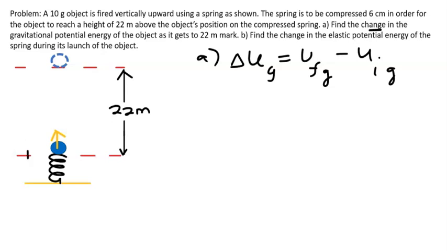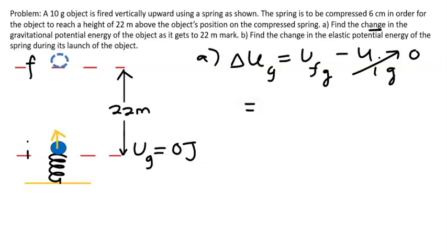This is the initial position, and it gets up to that height, which is the final position. Now we can set the gravitational potential energy to be 0 at some point, and we shall choose the initial position to be that 0 joule mark. So that means that term goes away.